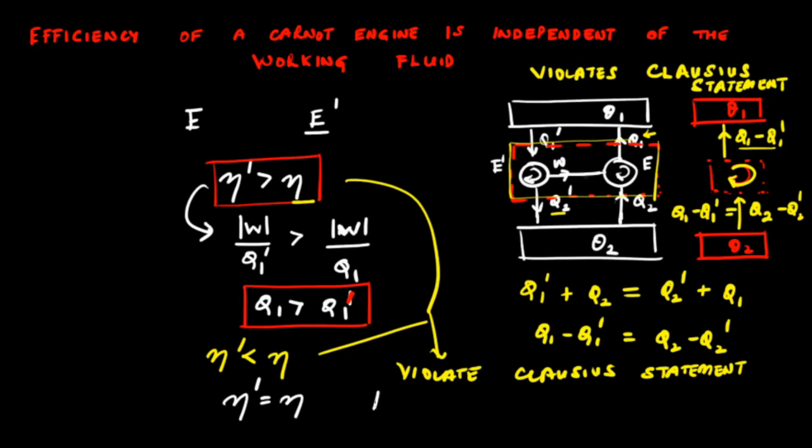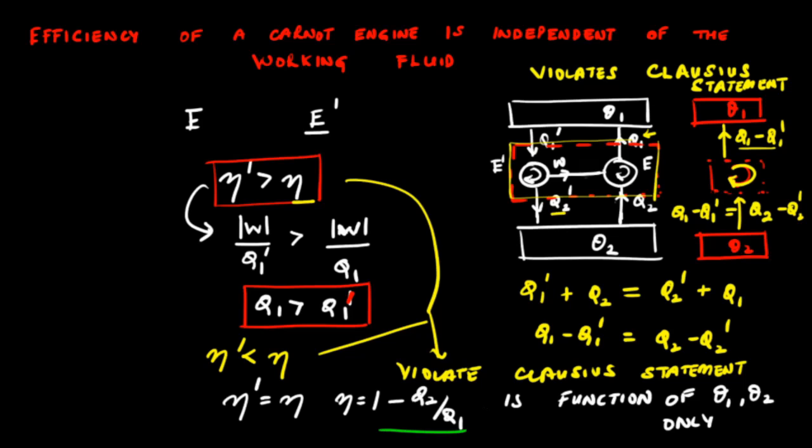That means, recall, the definition of efficiency, 1 minus Q2 over Q1, is a function of theta 1 and theta 2 only. In other words, we can also say that Q1 over Q2 is a function of theta 1 and theta 2.